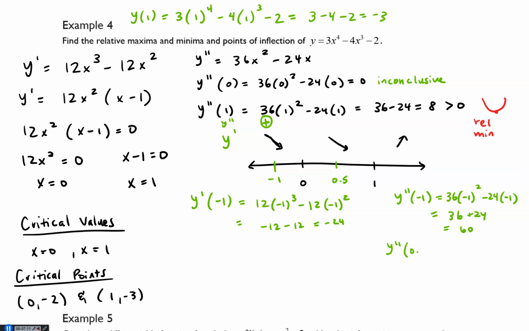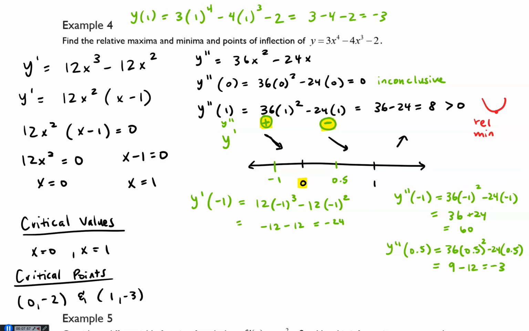So y double prime of 0.5 is equal to 36 times 0.5 squared minus 24 times 0.5. And let's see, a quarter of 36 is 9, and then half of 24 is 12, so that ends up equaling -3. So that means that this is negative. So if we're going from concave up here to concave down, that definitely verifies that we have an inflection point at x equals 0.